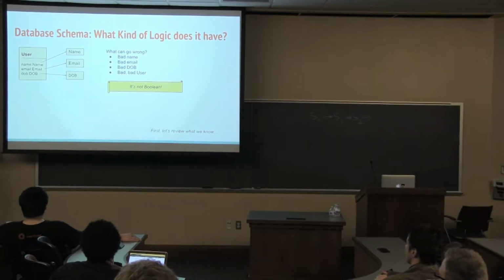A user can have a bad name, then the user is bad. Bad email, then the user is bad. Bad DOB, or a combination of them. But what can also happen is that name is good, email is good, date of birth is good, and the user is bad. Well, I'm not giving specific examples at LambdaConf, but you probably know what I mean.